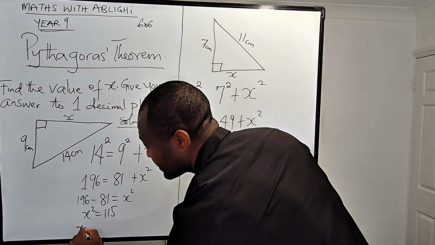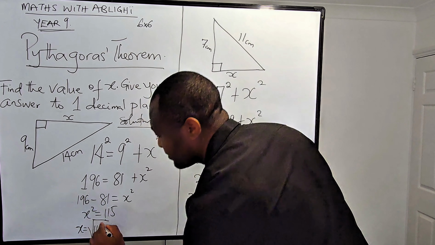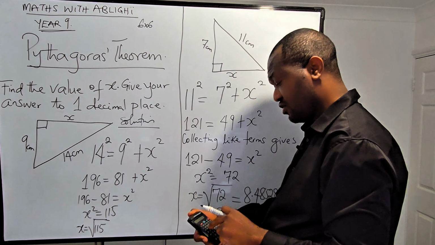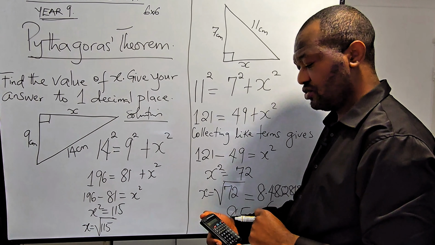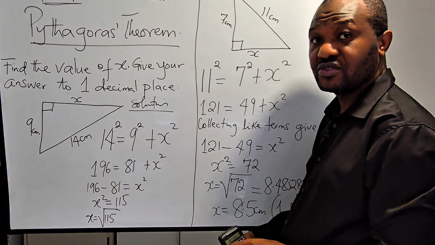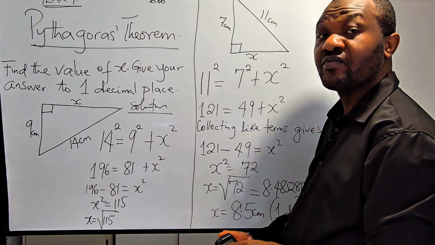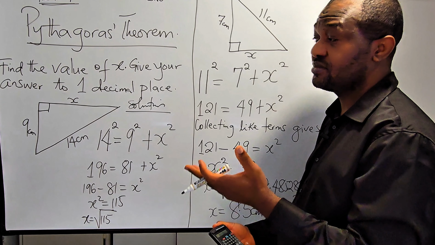It means that x is equal to the square root of 115. If we take the square root of 115, we have 10.723. And you have to give your answer to one decimal place. So it's 10.7, because the 2 after that 7 is not significant.